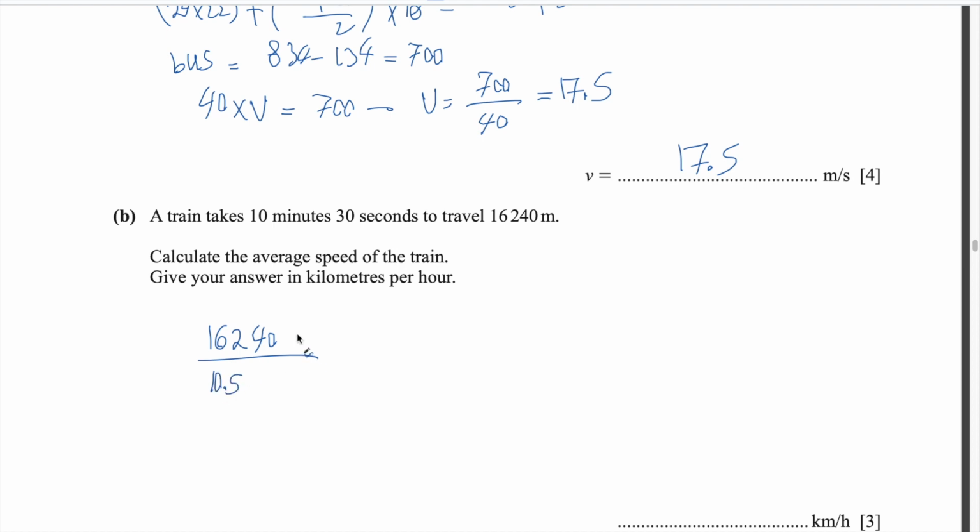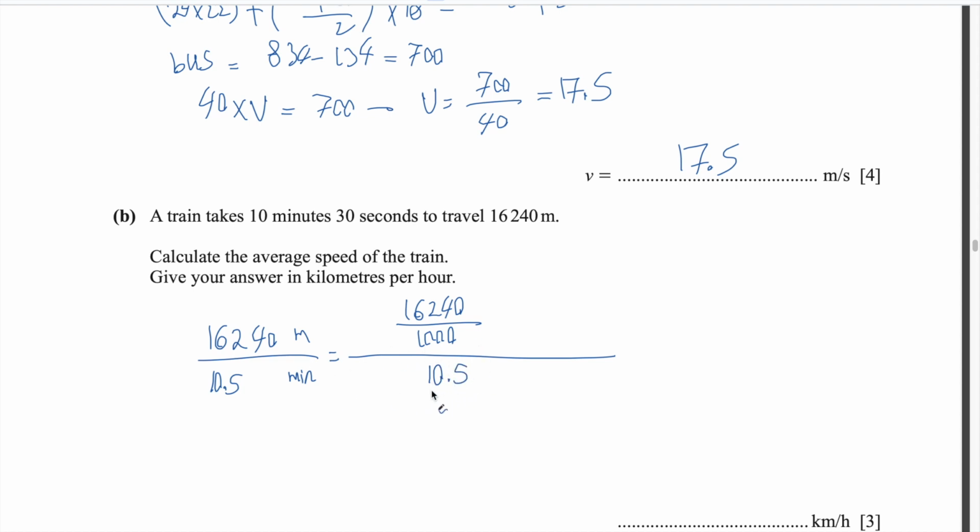Now, it is meters, it is minutes. We are supposed to convert to kilometers per hour. In order to convert meters to kilometers, 16,240 divided by 1000, because each meter is 1/1000 of a kilometer. The time is 10.5 minutes.